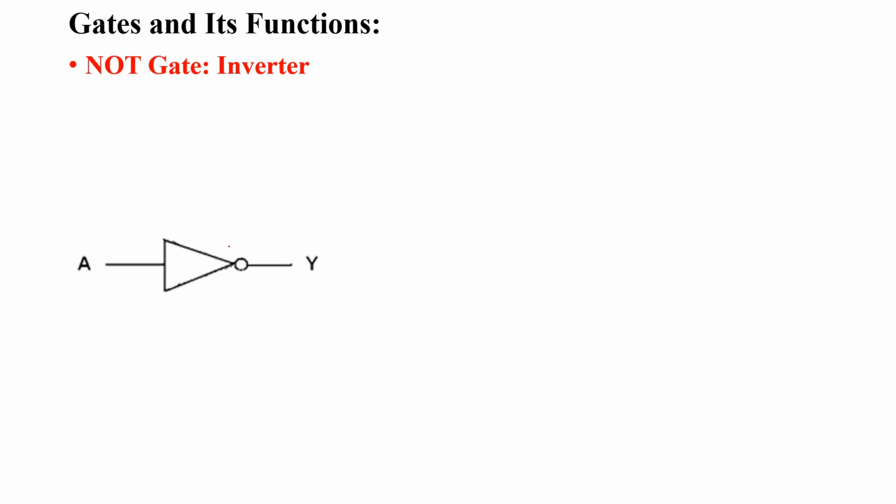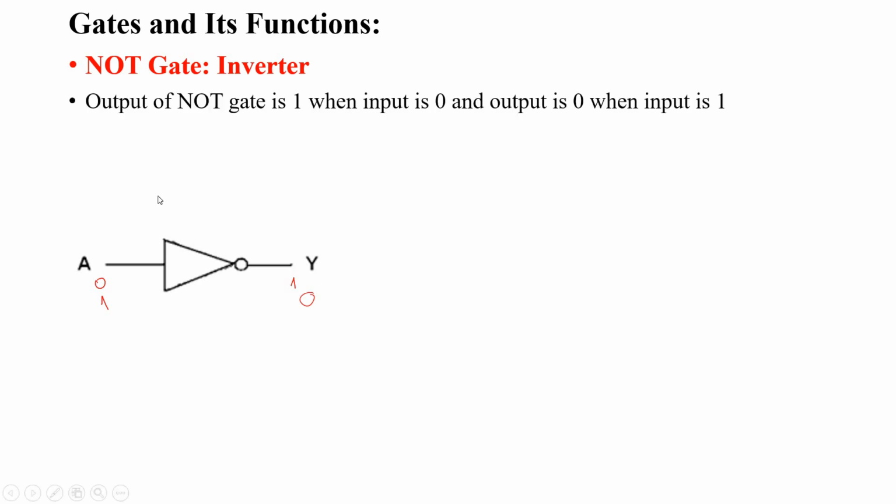Okay, next. Now we'll move to the third function, which is called a NOT gate. It is an inverter. It inverts the output. So when your input is 0, your output is 1, and when the input is 1, your output is 0. So it is an inverted one.